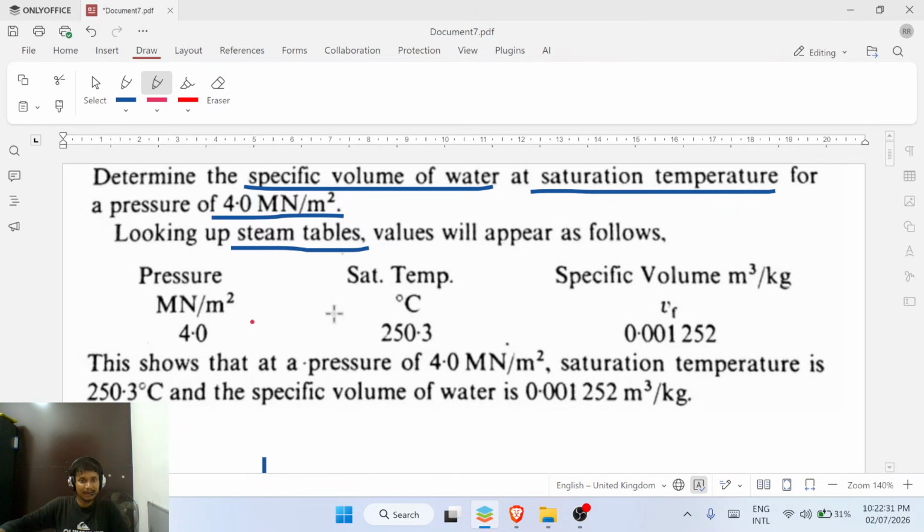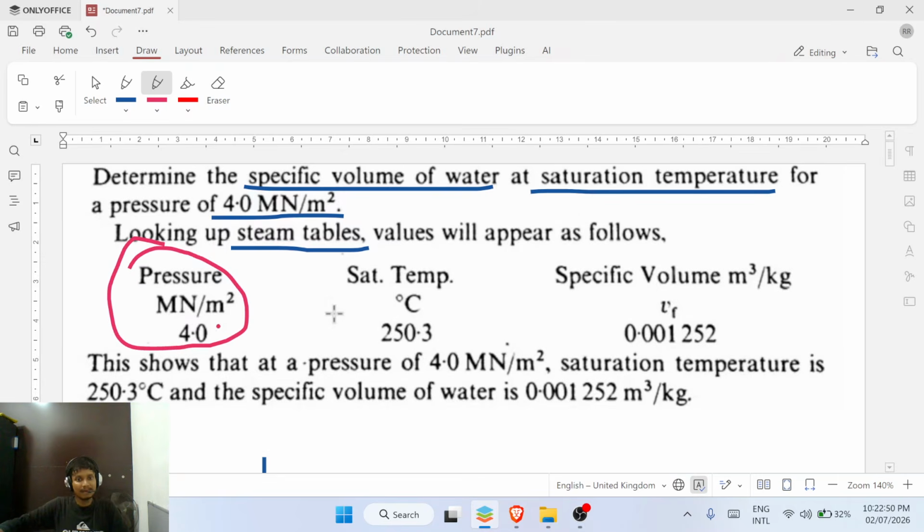Tables are used to find the pressure, saturation temperature and specific volume. But the total pages of the steam tables are 10 pages, therefore they will not give the steam tables. They will give the required values.